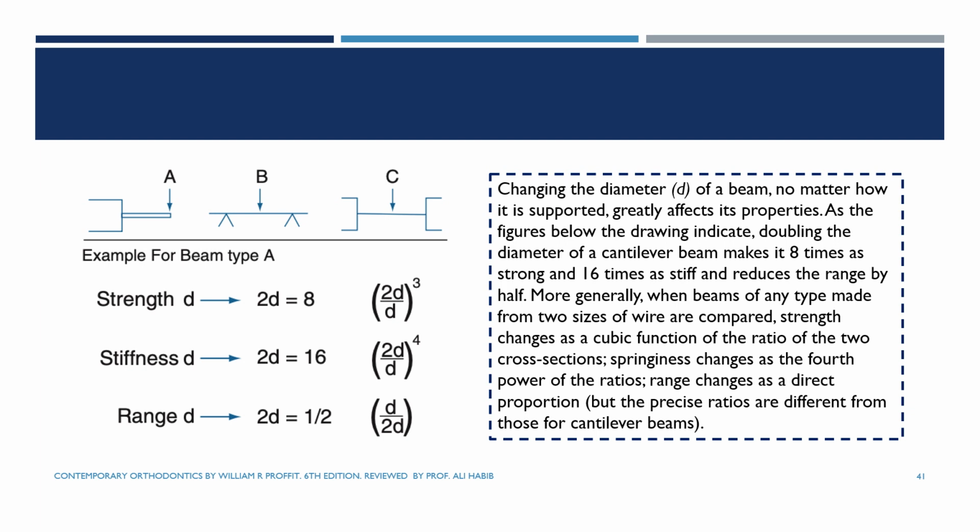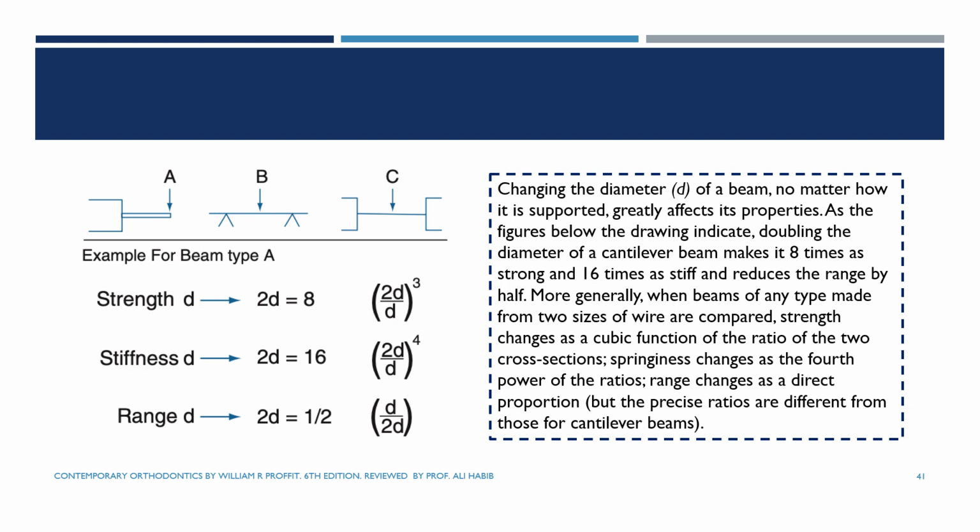So, doubling the diameter, you can see how it greatly affects the wire, whether supported on one side as a finger spring or as a beam supported from both sides. So let's look at the first example: doubling the diameter of a cantilever spring.